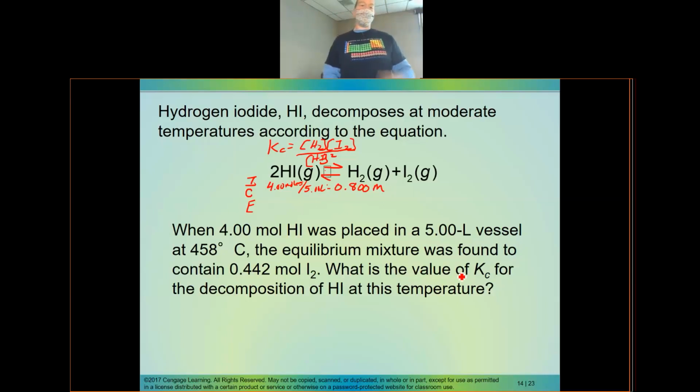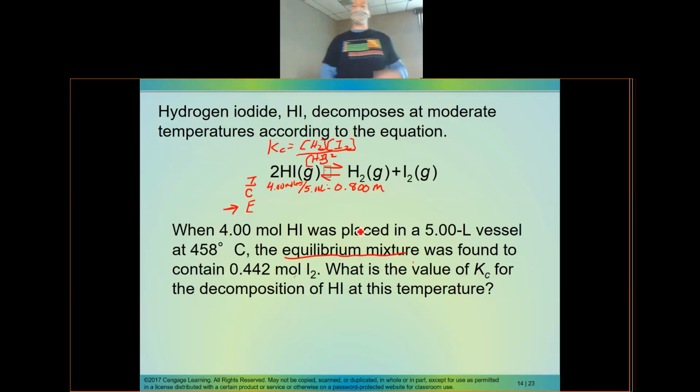Again, they give a temperature because the equilibrium constant would change at a different temperature. This would not be the answers you would get if you used a different temperature. At 458 degrees Celsius, the equilibrium mixture was found to contain, all right, so now it tells you where we're at. It says the equilibrium mixture. We are here.